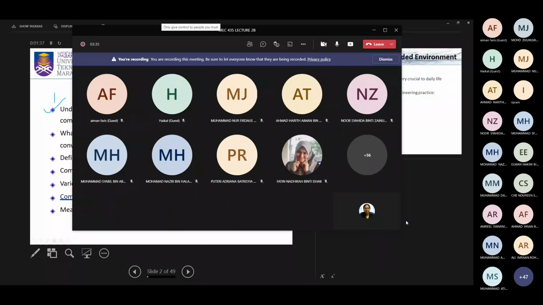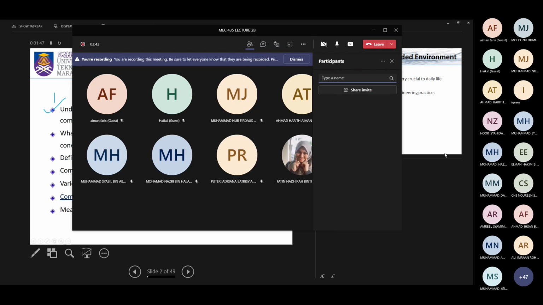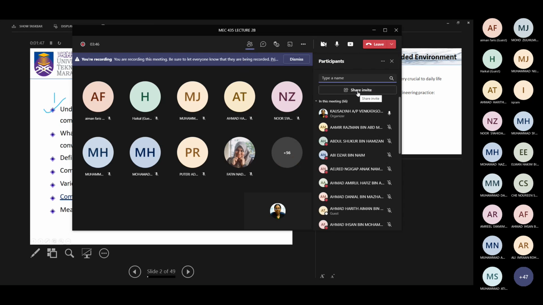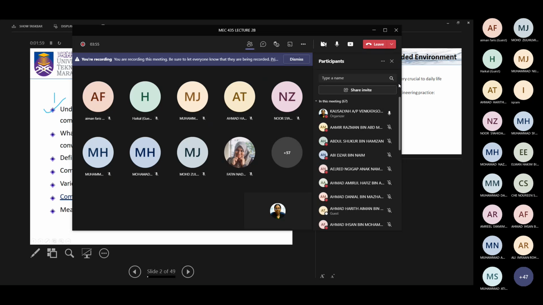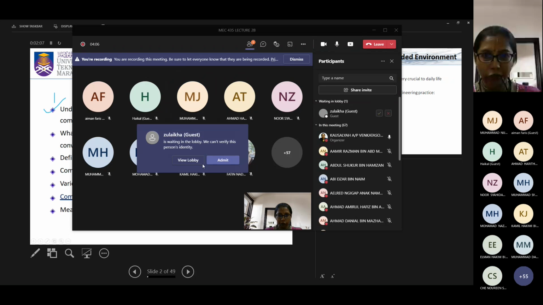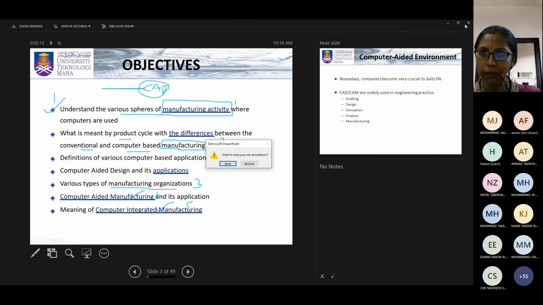Can someone describe to me why in a CAD class we are talking about manufacturing at the beginning of it? Anybody? Why in a CAD class are we speaking about manufacturing at the beginning of the slides?